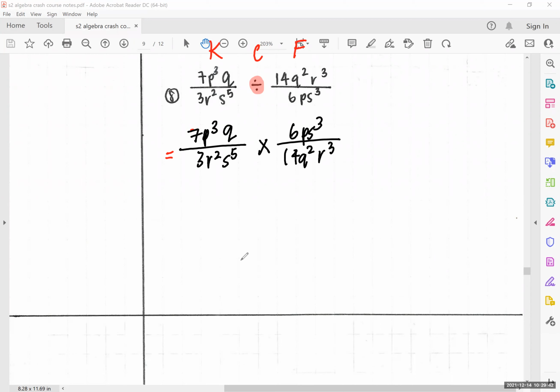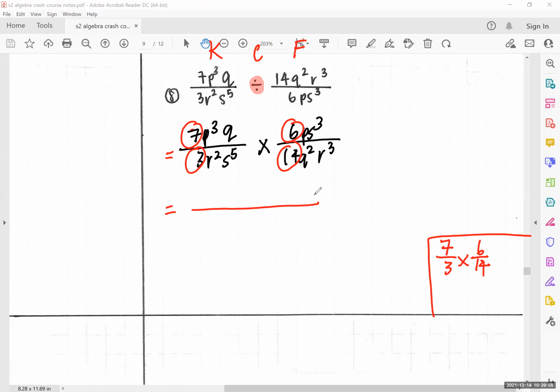Remember I told you the technique, use your calculator to help you. So 7 over 3 times 6 over 14, and what does your calculator say? One. Just one? Yes. Means everything is cancelled. All gone. So the answer is just one.